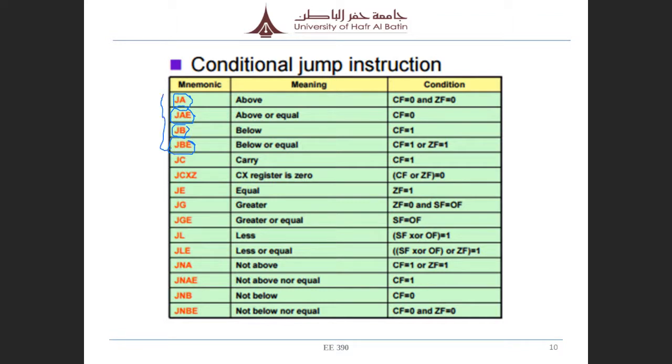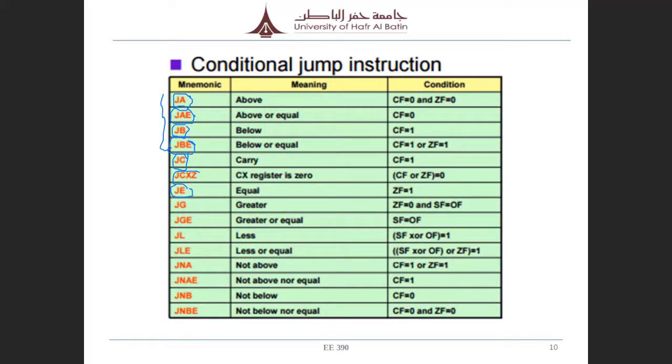But this one we use: jump if carry. If the carry flag is set, then do the jump. JCXZ: if the CX register is 0, then do the jump. And then jump equal: if you compare two numbers and they are equal, do the jump.